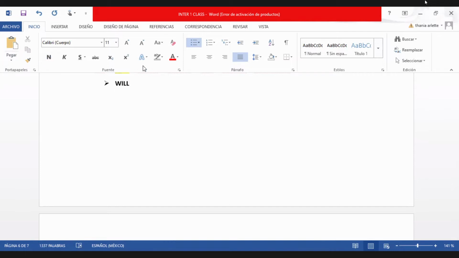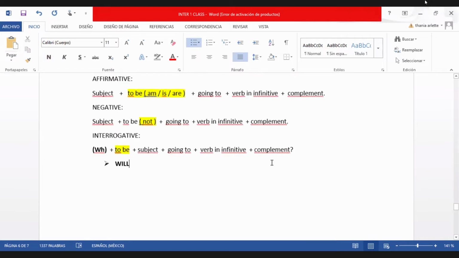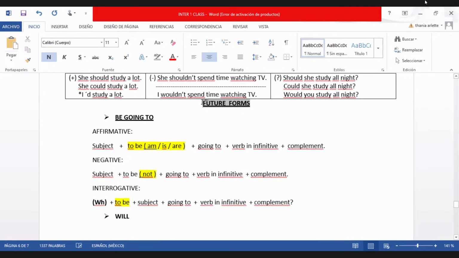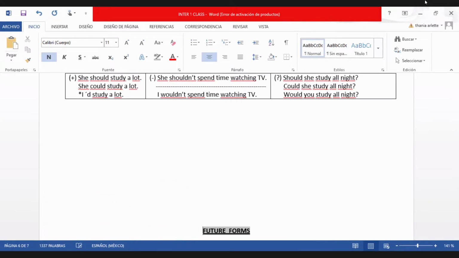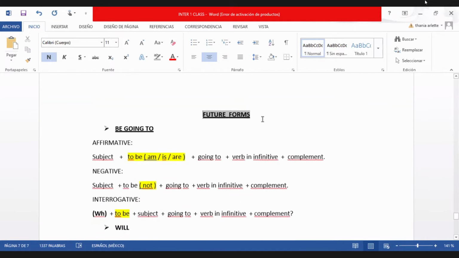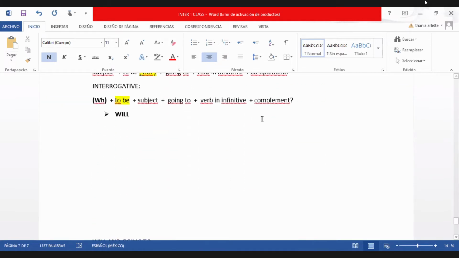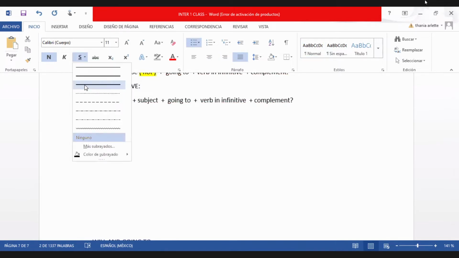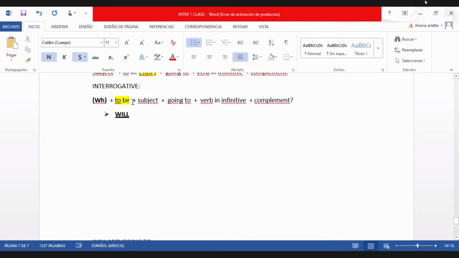Perhaps you haven't checked will before, but you have heard or read or seen some sentences with will. Will is also a word we use to talk about the future.